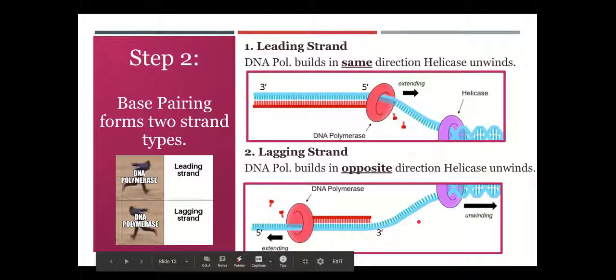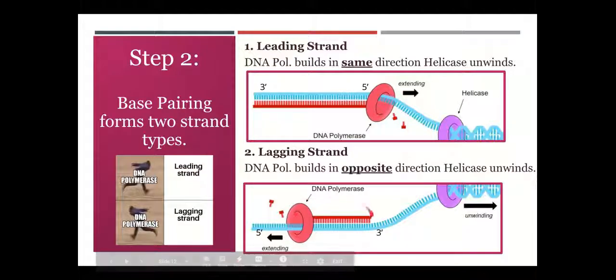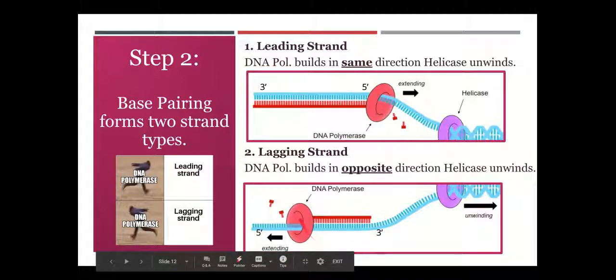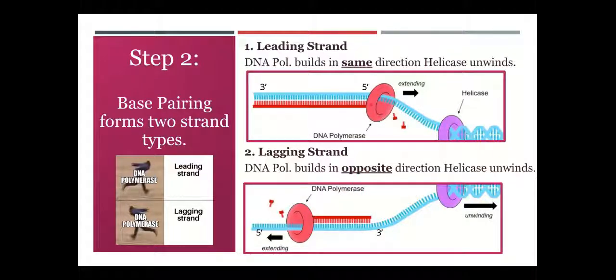This gets a little bit tough to imagine, but just think about this lagging strand getting built in small pieces or fragments, rather than getting built as one long strand at a time. Leading strand and lagging strands get built in opposite directions.